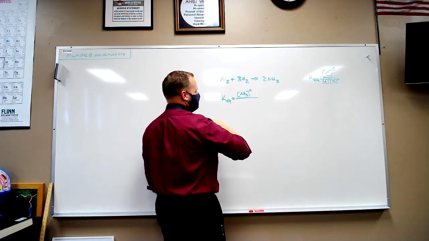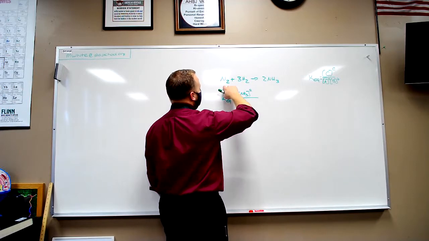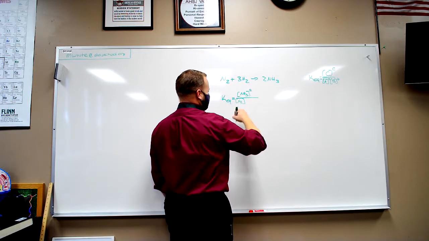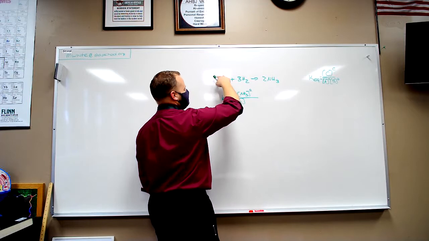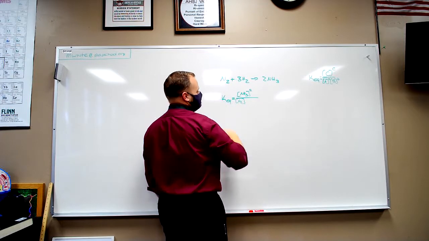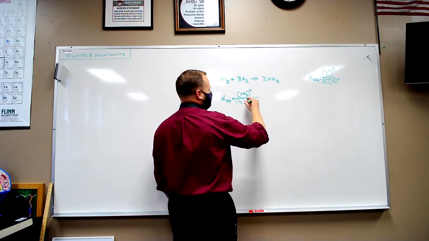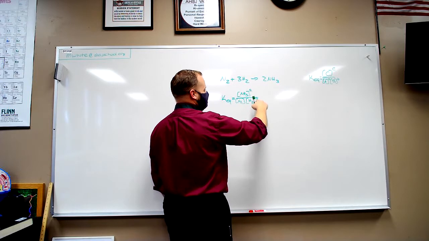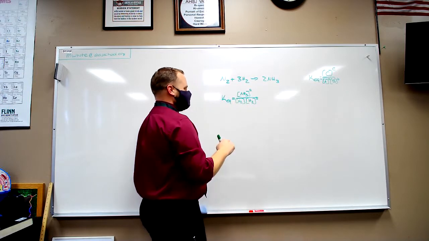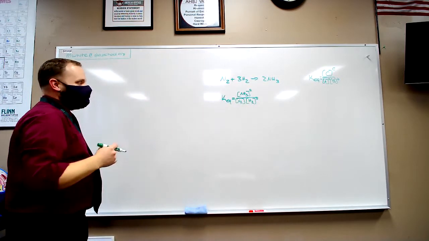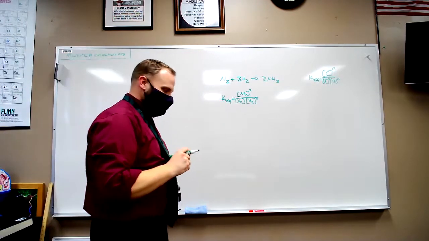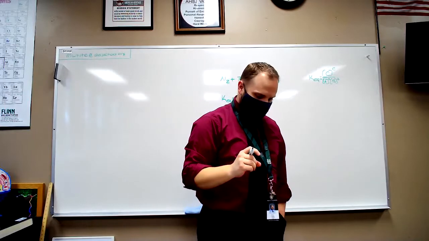So here down on the denominator, I have the concentration of nitrogen. Now this one has an implied 1, so we'll leave an implied 1 right there. And then the concentration of hydrogen. We have to raise that to the 3rd power because there's a 3 right there. And that's our equilibrium expression. Pretty straightforward.